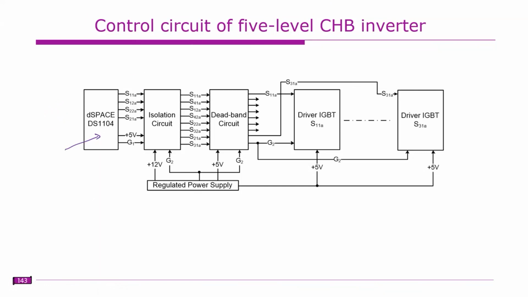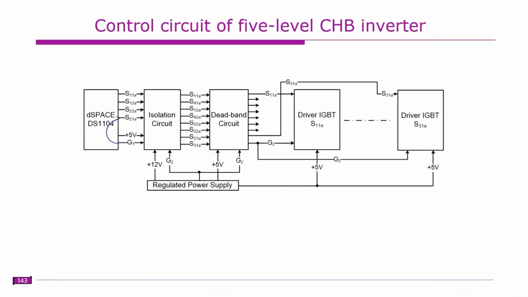That means if you have a complementary circuit, only the signals for S11, S12, and S2 are generated. The controller will provide a 5-volt supply, which is used for isolation purposes, and it also provides the ground for these signals.